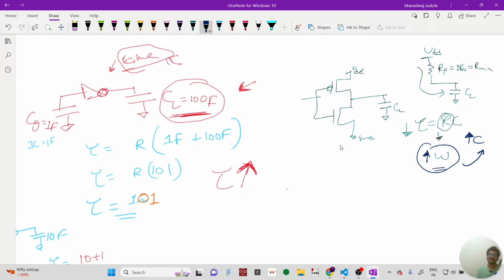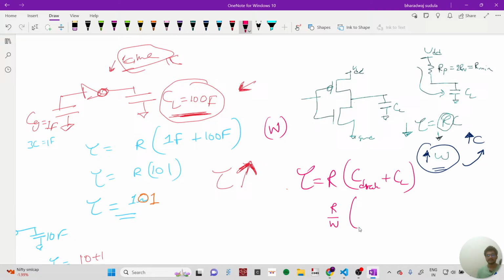Consider the expression tau equals R times (drain cap plus load). If I size the PMOS and NMOS by W, the resistance will reduce by W and the drain cap will increase by W. But there is no effect on the load. The load is completely different; it's not part of the inverter.